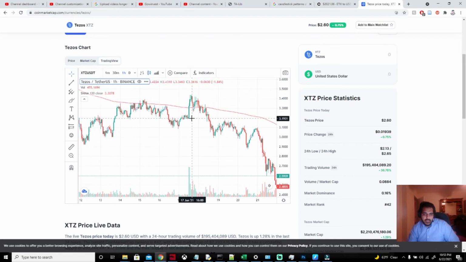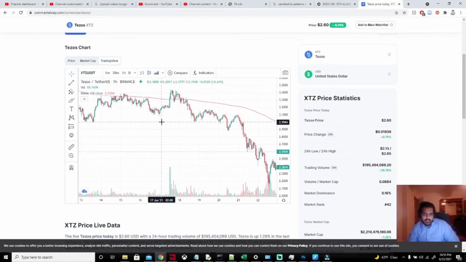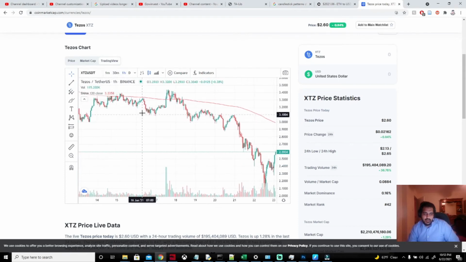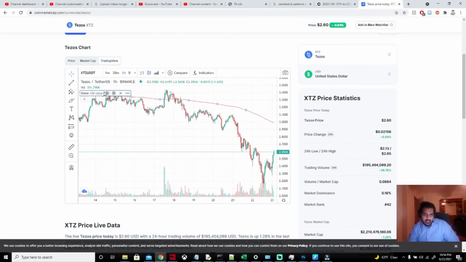Generally, a 120 point SMA is good for the detection of average. I guess that's like a long-term trend, but we can do a little bit better by selecting this and setting it to maybe a 10 SMA.